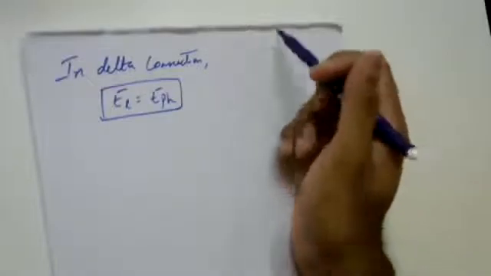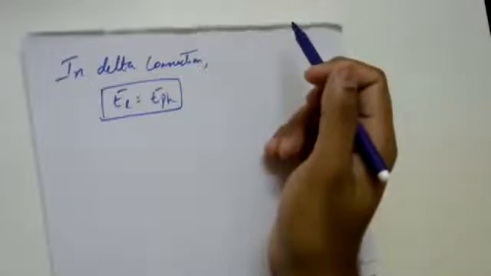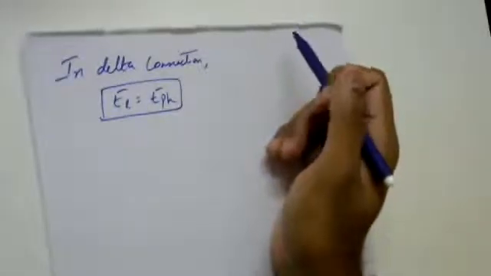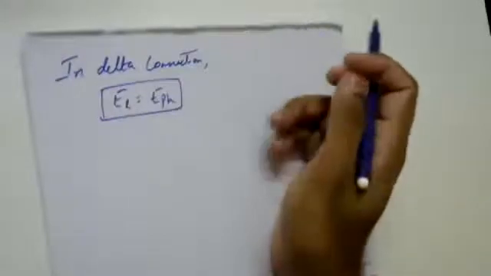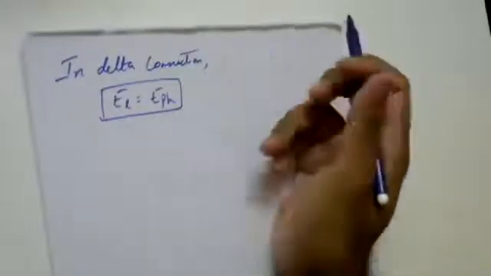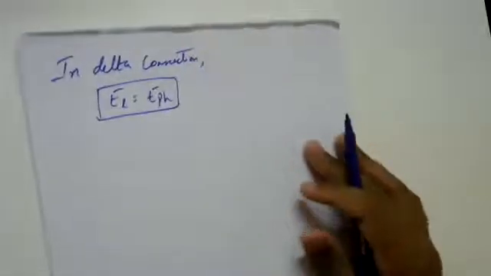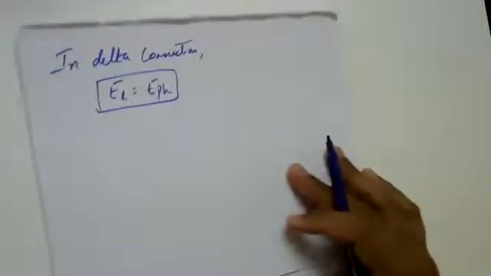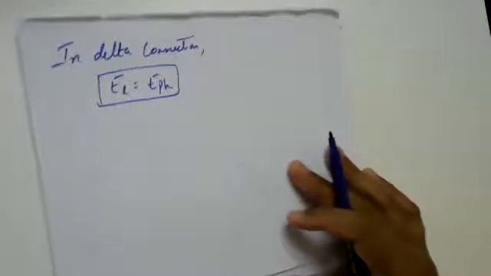Okay, now next we have to identify the relationship between a line current and a phase current. To identify that relationship, we're going to follow a similar process to the one we followed for our star connection.